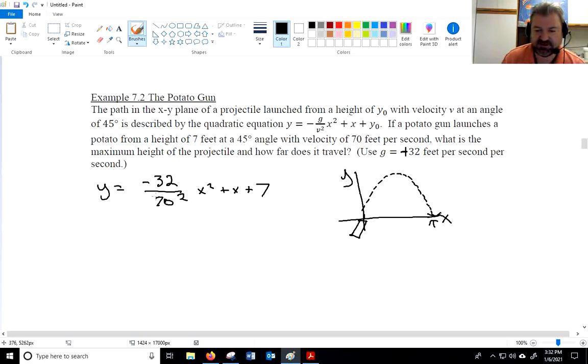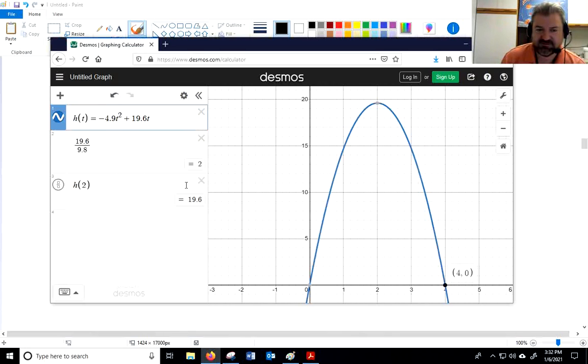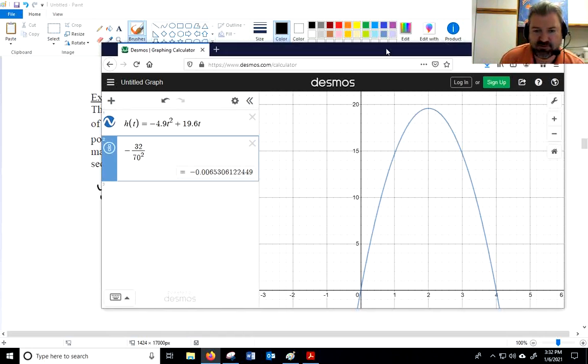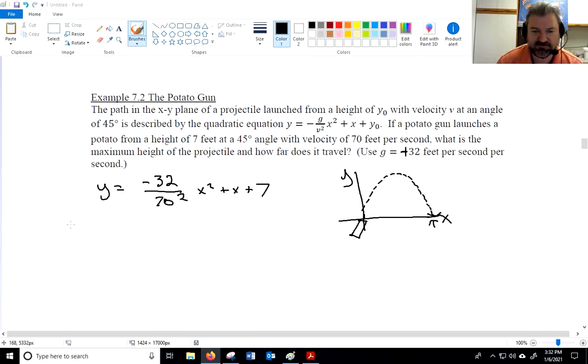So that's a pretty yucky number, isn't it? Negative 32 over 70 squared, negative 0.00653, approximately.